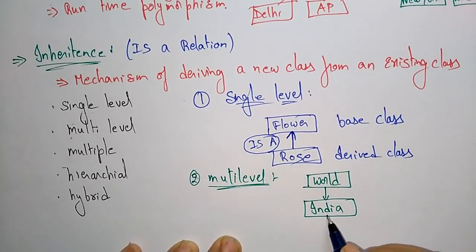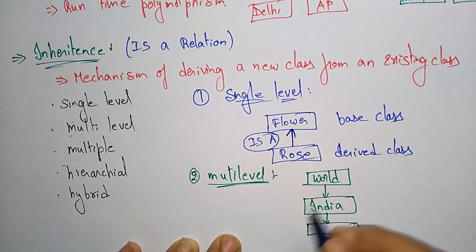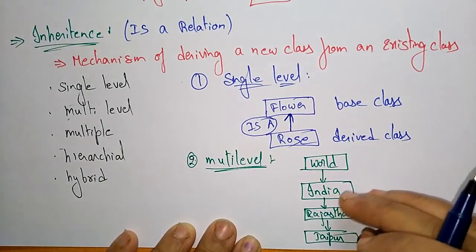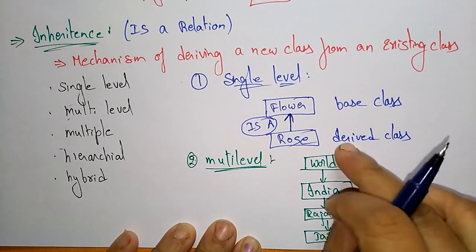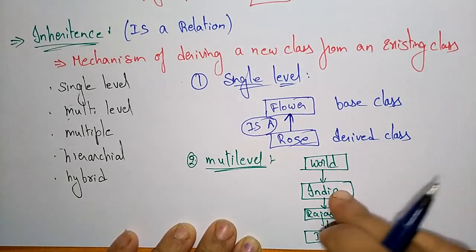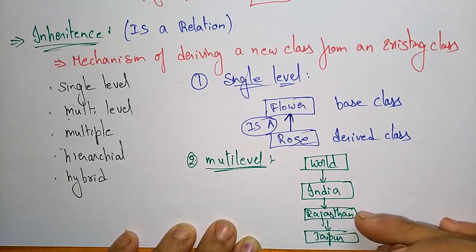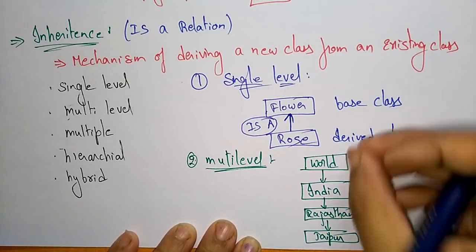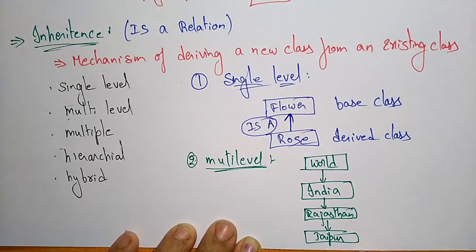Again, India is derived from the world. In India, you have Rajasthan. Suppose in Rajasthan, you have Jaipur. So this is multi-level. India is one of the countries in the world. In India, you have one of the states, Rajasthan. In Rajasthan, Jaipur is there. This is multi-level.